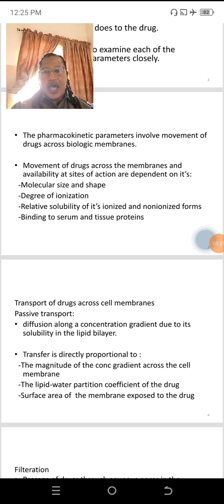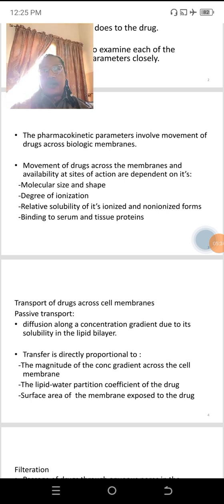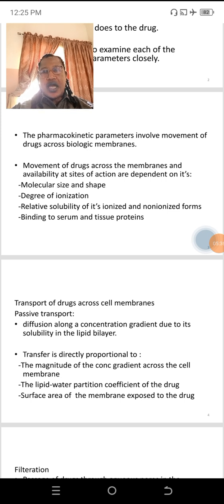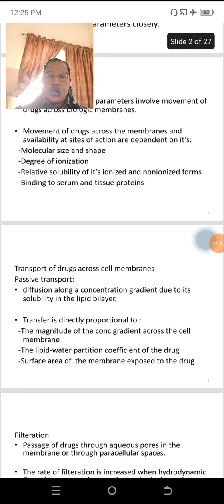So the transfer of drugs by diffusion is directly proportional to number one, the magnitude of the concentration gradient across the cell membrane. Number two, the lipid water partition coefficient of the drug. And number three, the surface area of the membrane that is exposed to the drug.